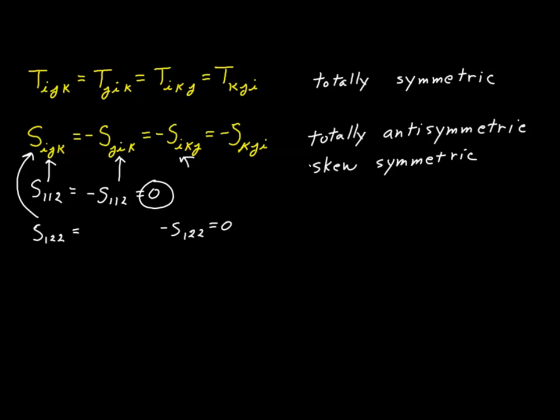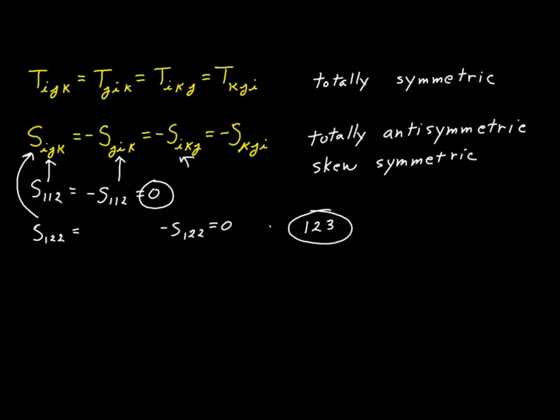Okay, so the only non-zero values in our system here are going to be those in which we have no duplicate indexes. And since the values of each index can only be 1, 2, and 3, that means that the non-zero elements in this system are going to be some permutation of the numbers 1, 2, and 3.